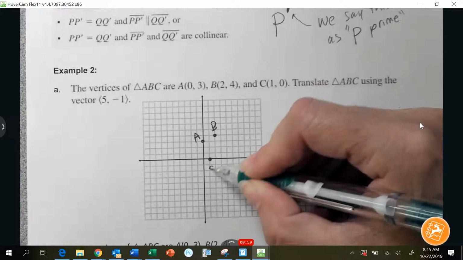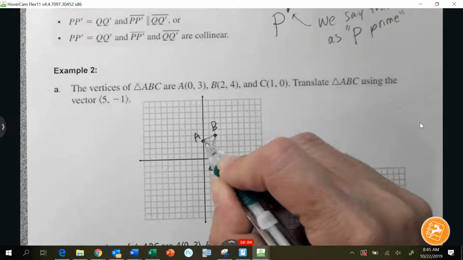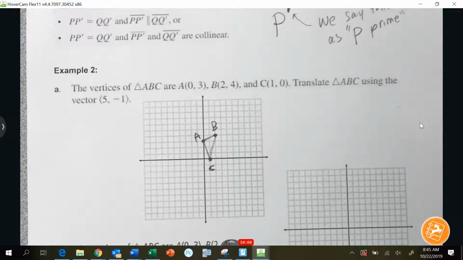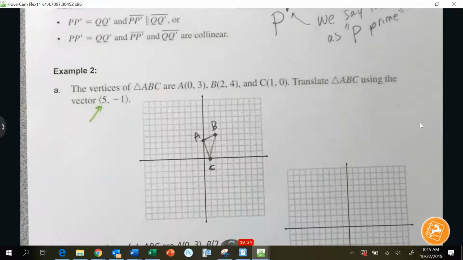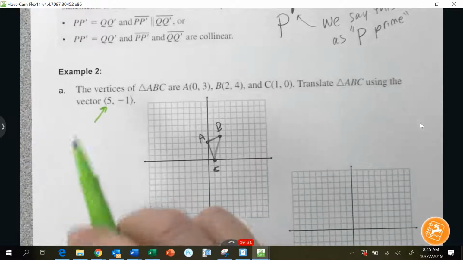So you're noticing I am graphing these. And we have a triangle. Translate triangle ABC using vector 5, -1. So remember, the first number 5 is which component? Jesse, which component is the 5?